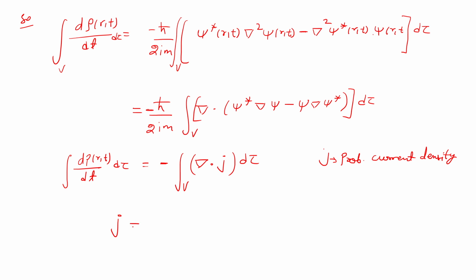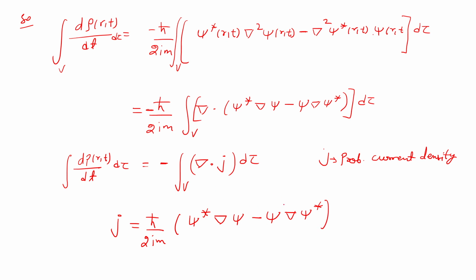So we can write J, including this h cut over 2 iota m, psi star del psi minus psi del psi star. Okay, this RT value remains. You can write the RT value.